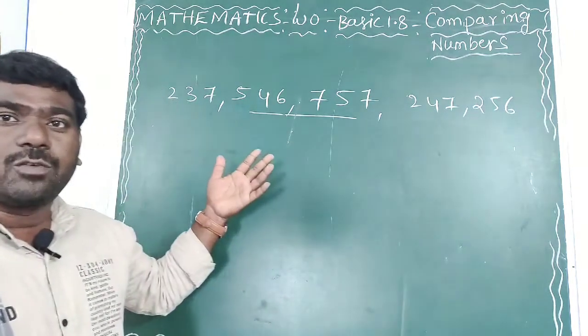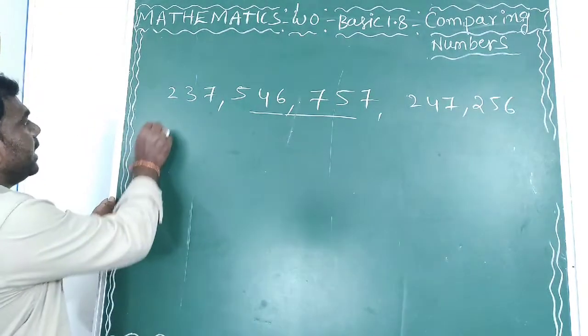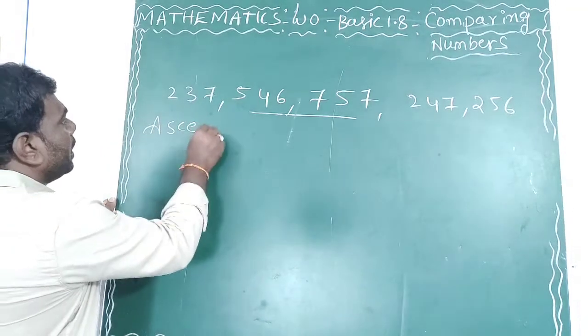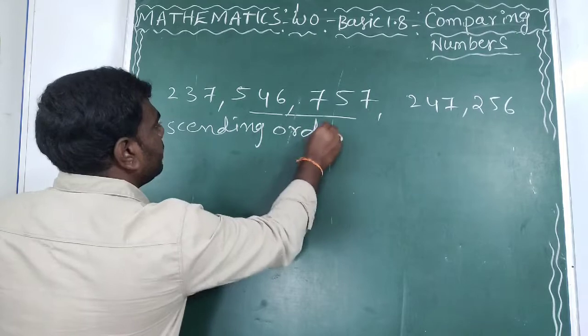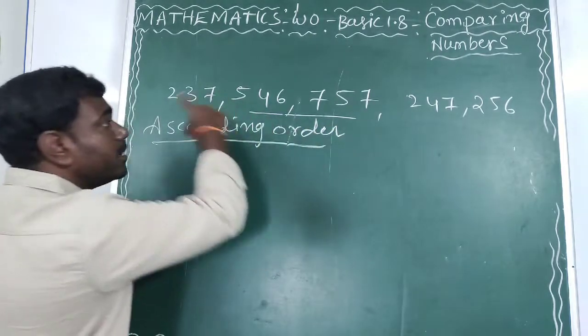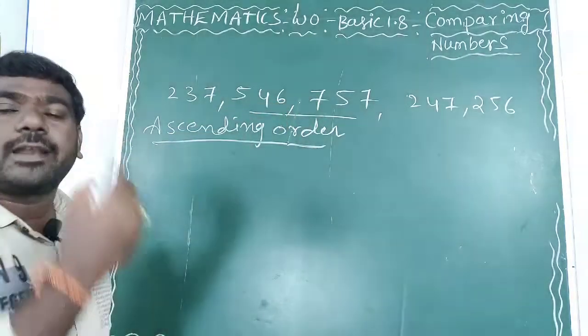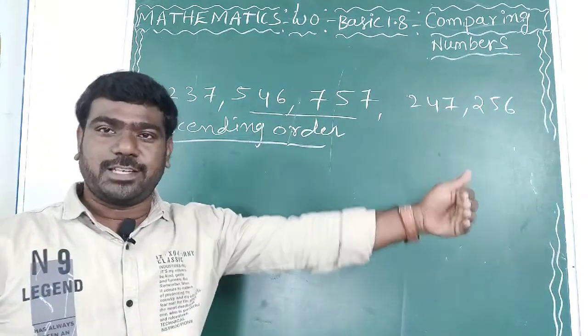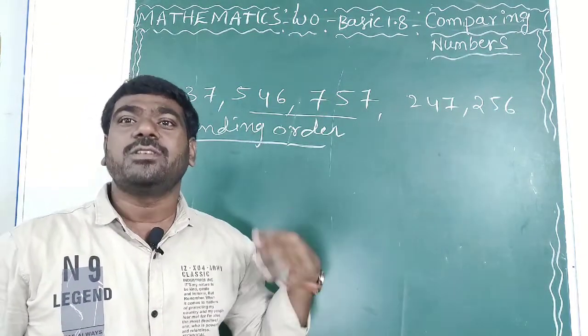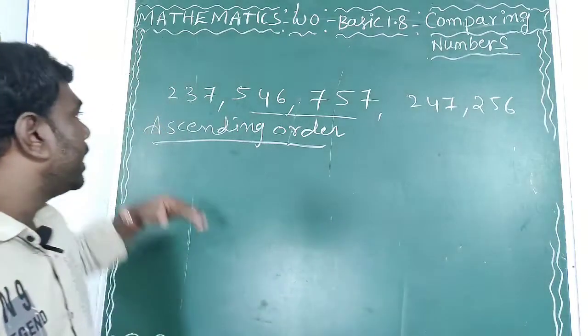So now how do we write? First I will write ascending order. Can you tell me, children, what is the meaning of ascending order? The numbers we arrange from smallest number to biggest number. Okay.